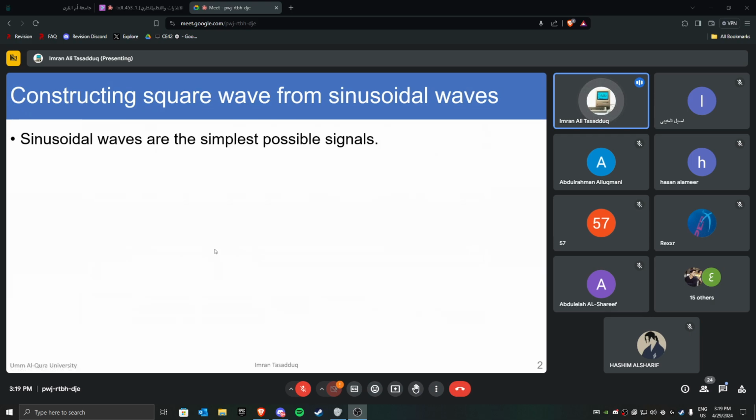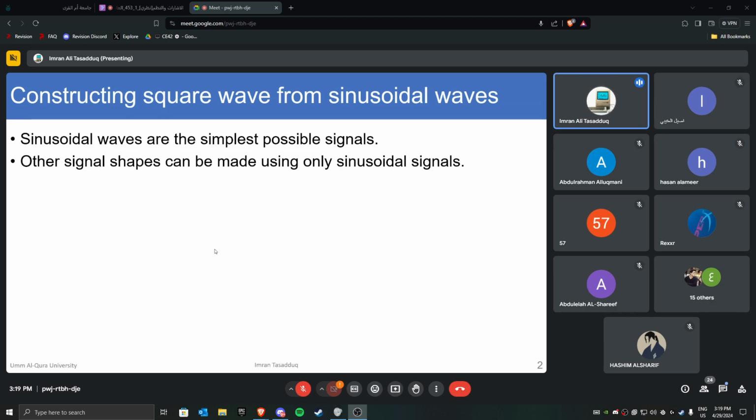So sinusoidal waves are the simplest possible signals. Other signal shapes can be made using only sinusoidal signals. This is what Fourier series is, that you can construct any signal in this world by adding properly chosen sinusoidal waves of proper amplitude and proper frequency. The example that I gave you was of constructing a square wave.